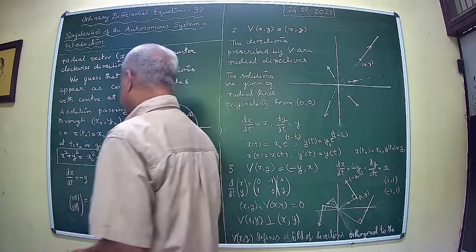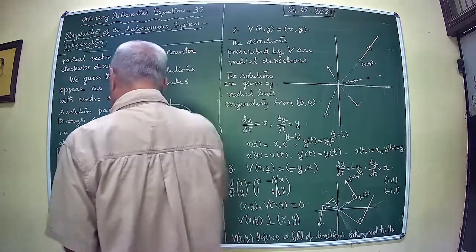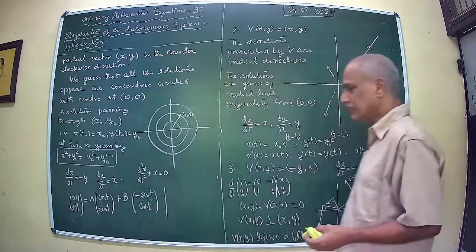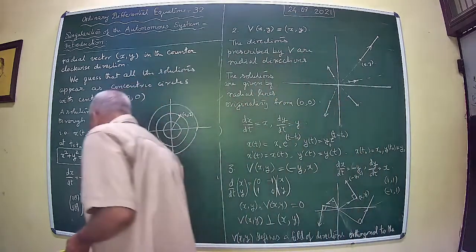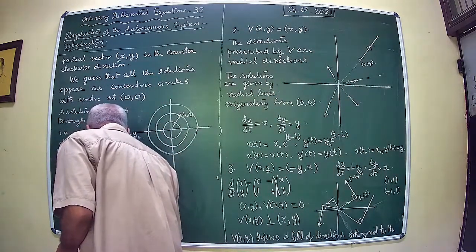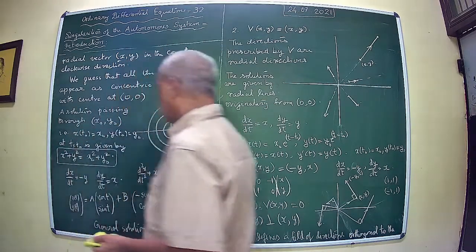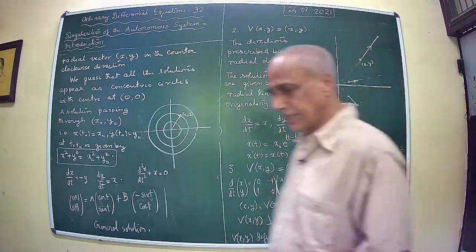Now you see, at t equal to t naught it passes through the point x naught, y naught, so you can calculate the solution. Okay, so this gives the general solution. You can work out all specific solutions by giving the initial data.